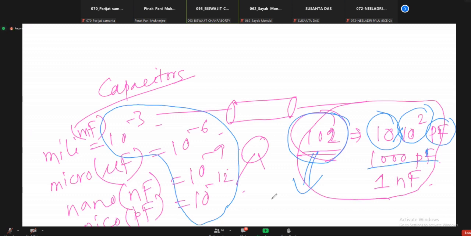Another example I am giving: 222 will similarly be 22 into 10 to the power 2 picofarad, so that's why 2200 picofarad. Then you can convert.